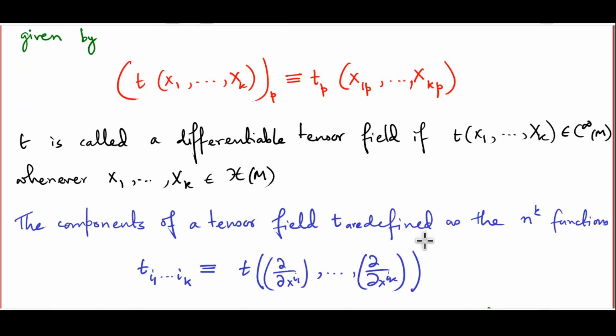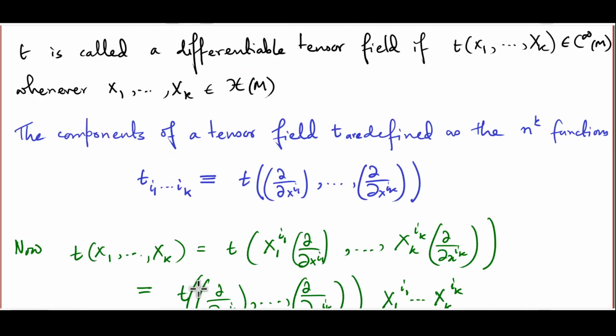Now if you were to feed the tensor T these vector fields ∂/∂x^i1, ∂/∂x^i2 up to ∂/∂x^ik as arguments, you are going to get a function which we are going to call T_{i1...ik}. This is a component function of the (0,k) tensor field.